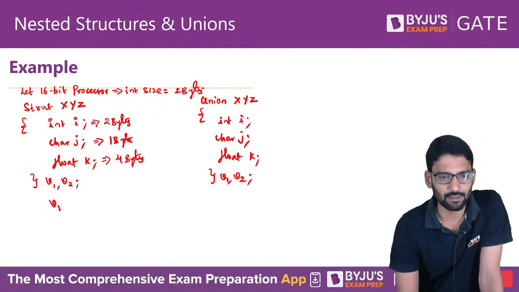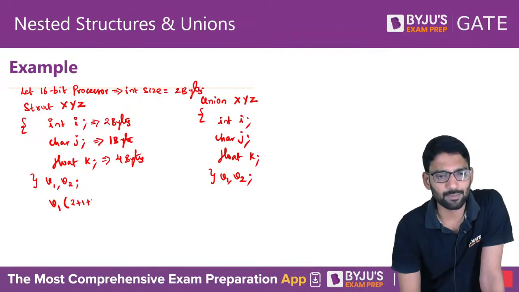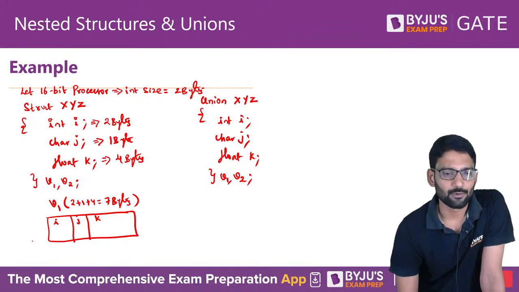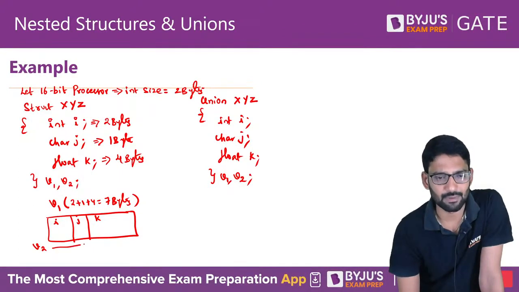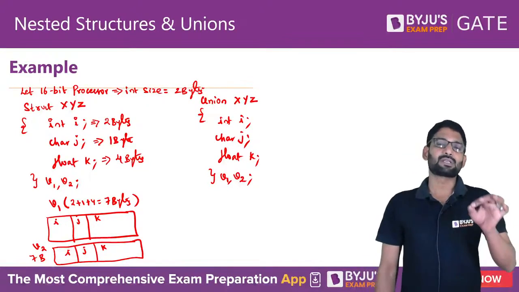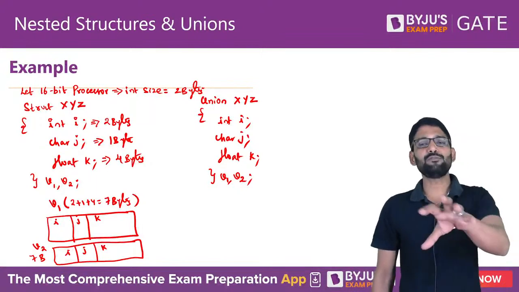So for v1, 2 plus 1 plus 4, that is 7 bytes of memory gets allocated. So this is for i, this is for j, this is for k. Similarly, for v2 also 7 bytes of memory gets allocated. So the size of every structure variable is equal to the sum of its members' size.